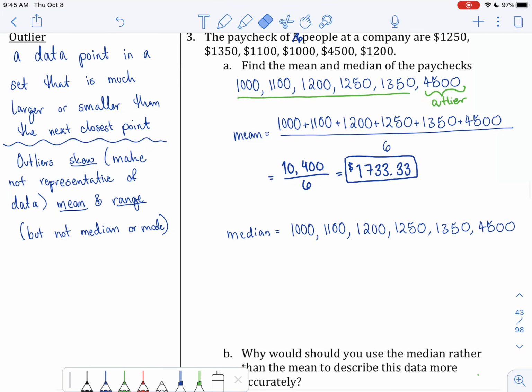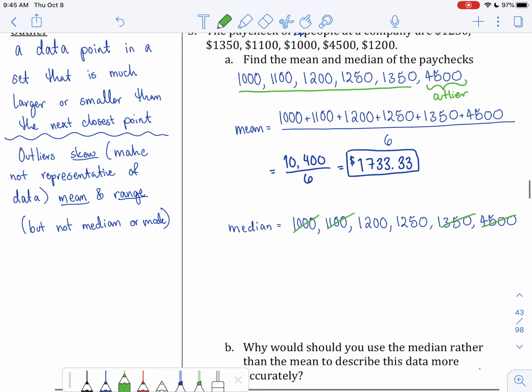Now, if we look at the median, we've already put all of our numbers in order. We're going to cross out here, here, 1, 2. All right, so this is what we talked about a little bit earlier, is that we have a set of numbers that doesn't have a middle number. The middle number is going to be right in between these two because we can't cross out them both. Now, the way that we find that number directly in between is we find the average of these two.